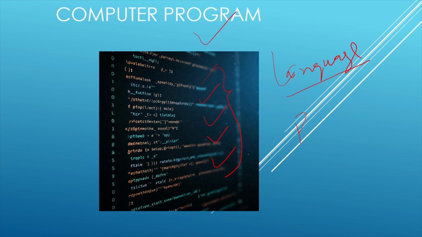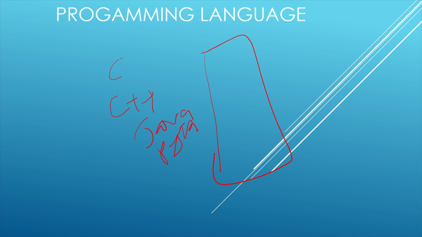Okay, let's talk about programming languages. A programming language is a language that allows us to write instructions in the computer program, right? There are a lot of languages available in the market like C, C++, Java, Python. So using these languages, we write computer programs. That means within that we write instructions.